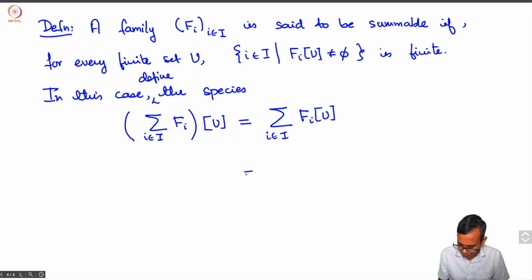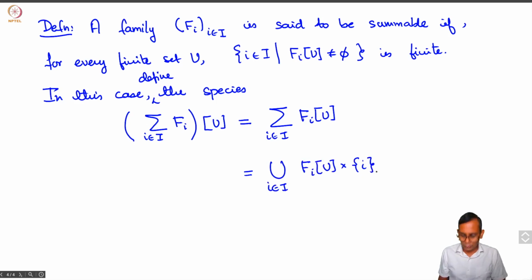Another way of thinking about this is that this is the union over all i in I of F_i(U) cross singleton i. Now note that because of the hypothesis here, this is going to be a finite disjoint union, and so this is going to be a finite set. A finite disjoint union of finite sets is of course finite.